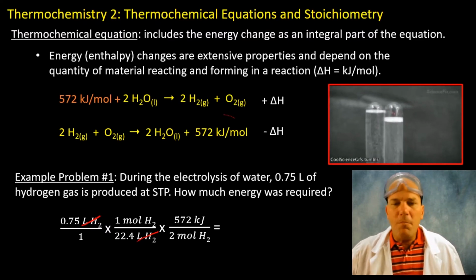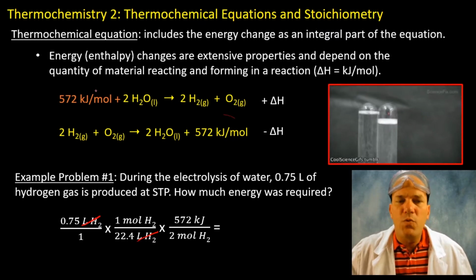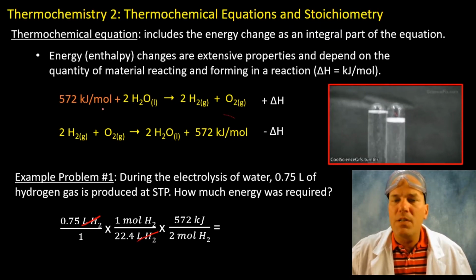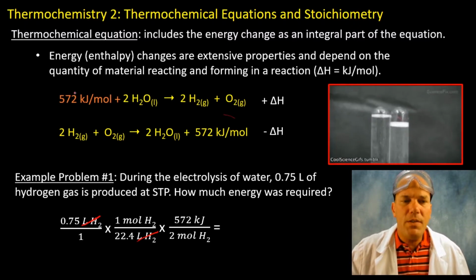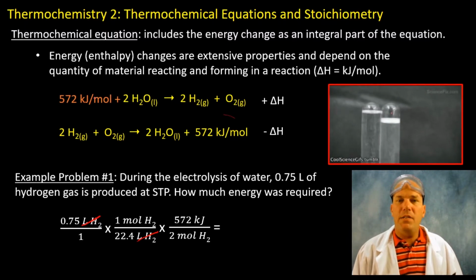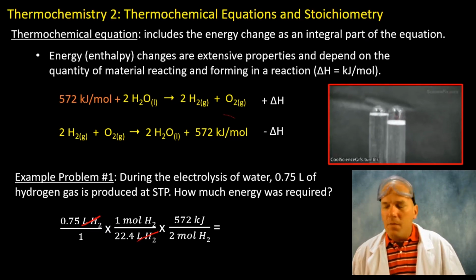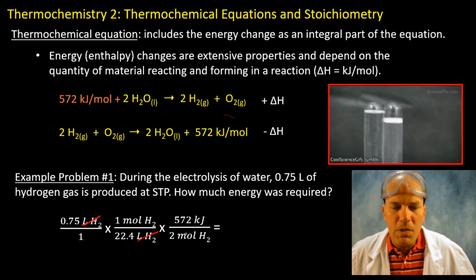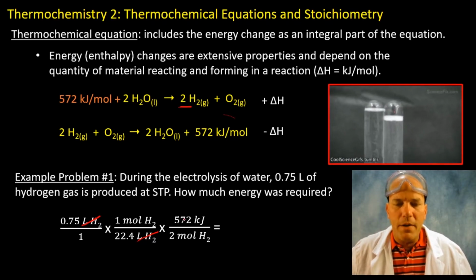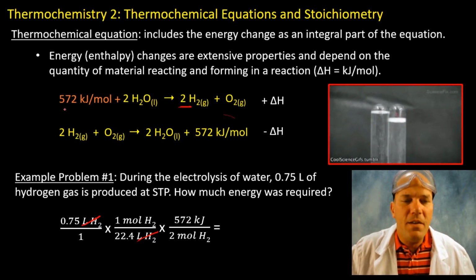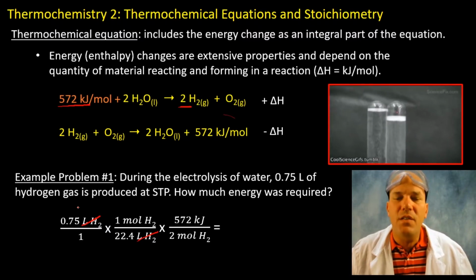So remember, the energy is written as an integral part of the overall equation. So you can think of it as a reactant. For every 2 moles of hydrogen gas that are produced, it requires 572 kilojoules.